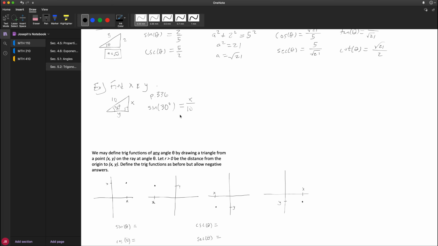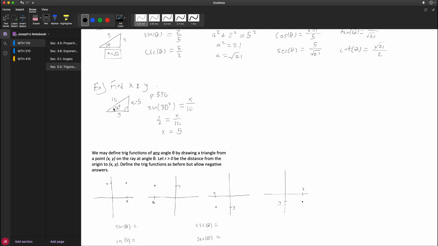But in the book, it says that the sine of 30 degrees is 1/2. So on the left-hand side, I just get 1/2, and on the right-hand side, I get x over 10. Well, I can solve this, and so x has to be 5. There's numerous ways to solve that. Oh, well, now that I know that x is equal to 5, I can fill that in right there.